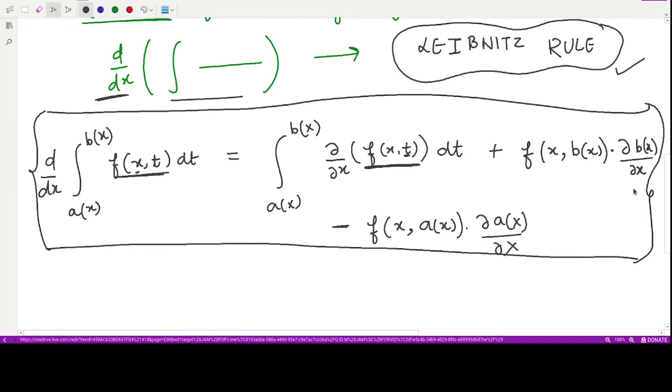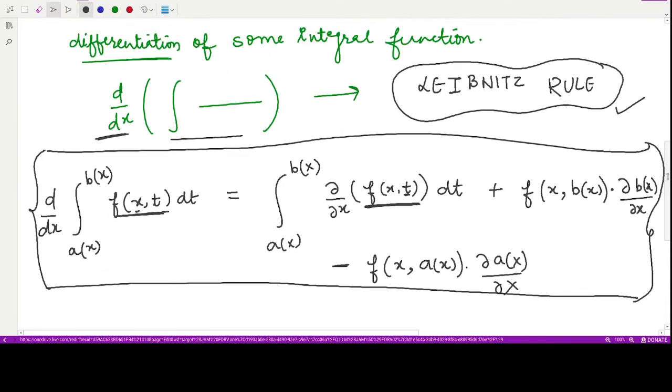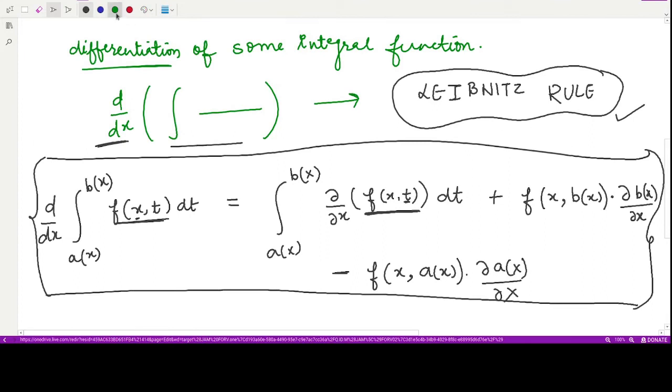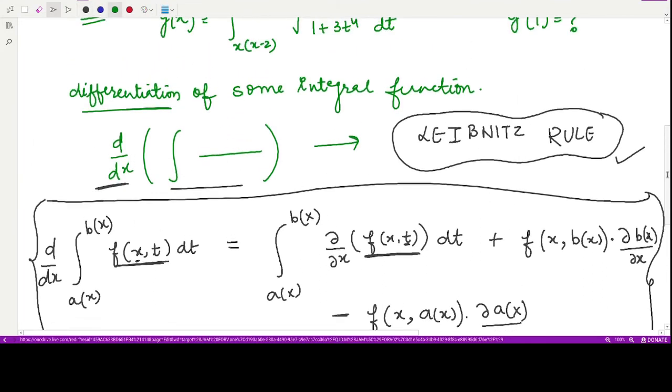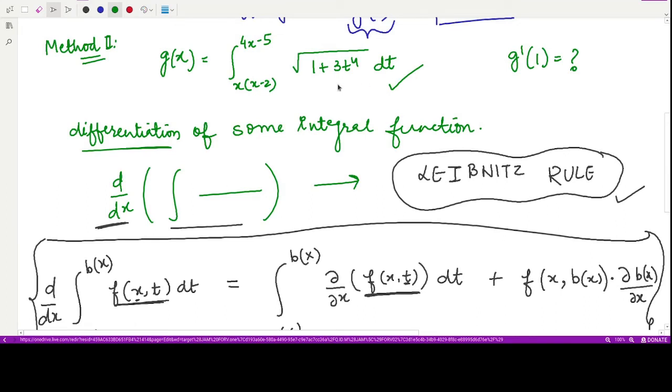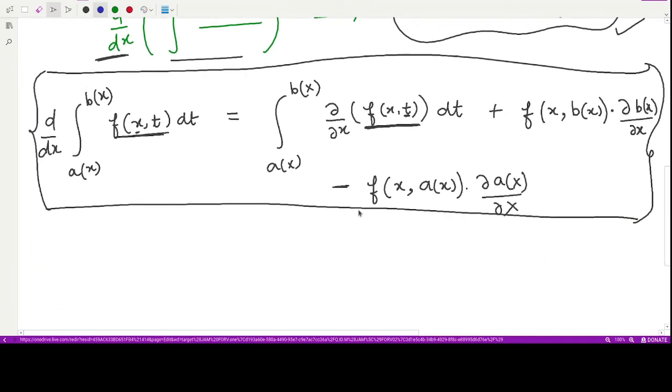Now let's apply this formula to our given function, so it will be more clear how we are performing things. Your f of x, t is nothing but this thing, this is your a of x, and this is your b of x. Now we'll perform the derivative of this function g of x.